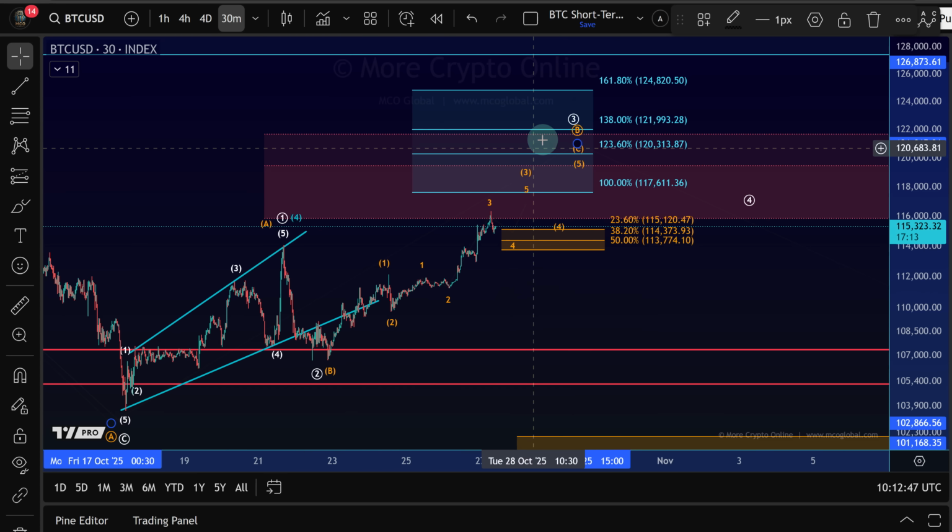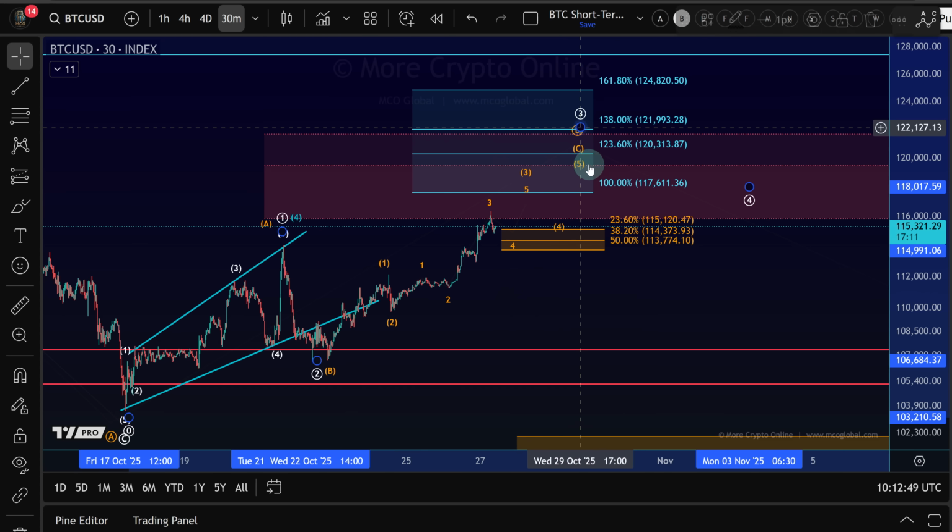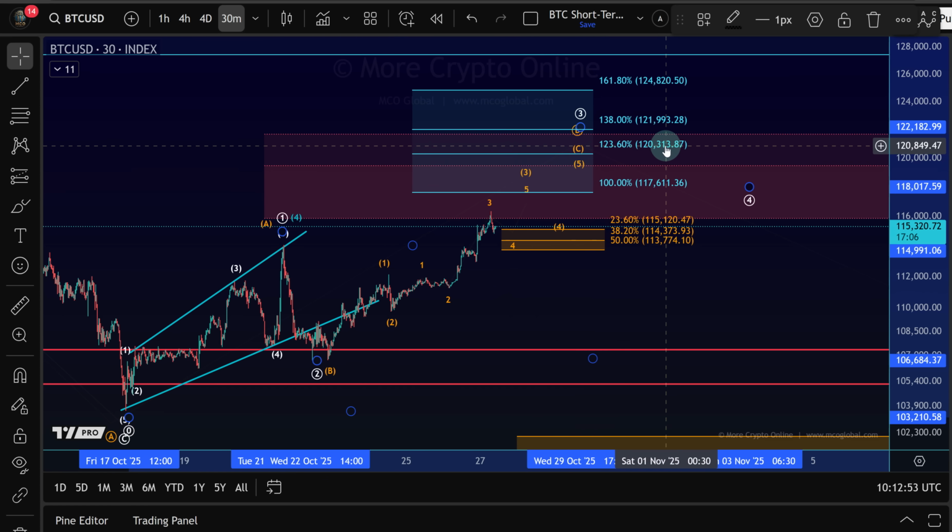Now, it's entirely possible we're dealing with a third wave here, which again should take us to roughly $120,313. Can go higher, absolutely. This would be the very first minimum target, but my first ideal target is actually the 138% extension, not the 123.6. The 138% extension at 122K, that is really the very first ideal target for a third wave.